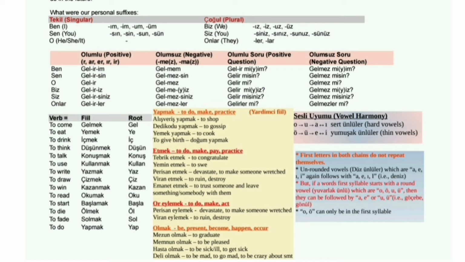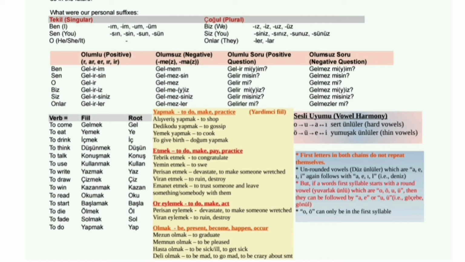For example, alışveriş yapmak, to shop. Or dedikodu yapmak, to gossip. Or yemek yapmak, to cook. Or doğum yapmak, to give birth.